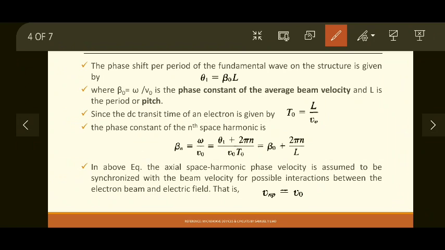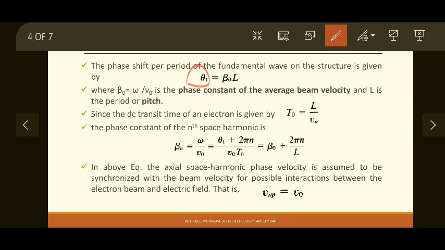The phase shift per period of the fundamental wave on the structure is given by, and fundamental wave means no harmonics, the basic first or zeroth harmonic. So what is the phase shift per period?